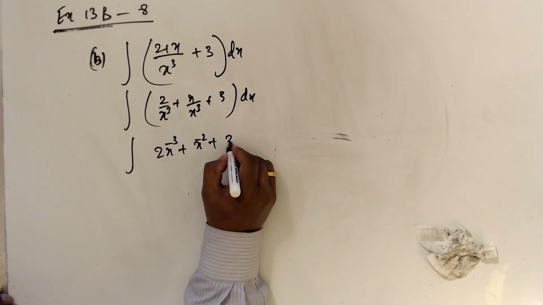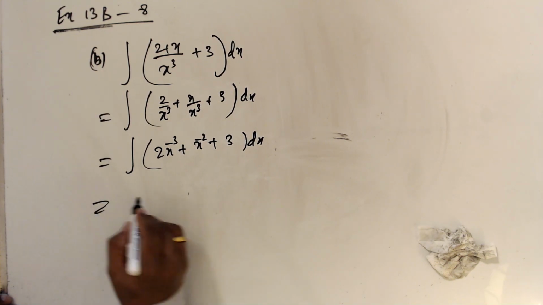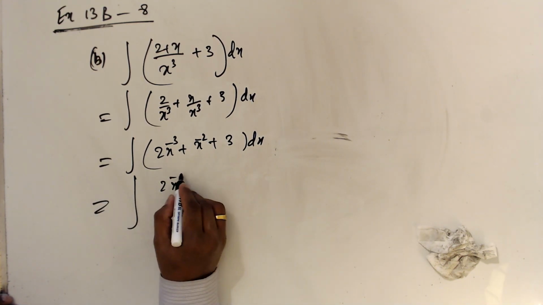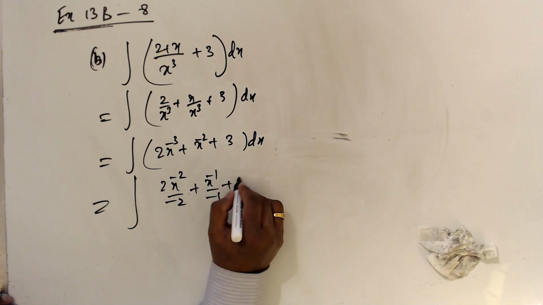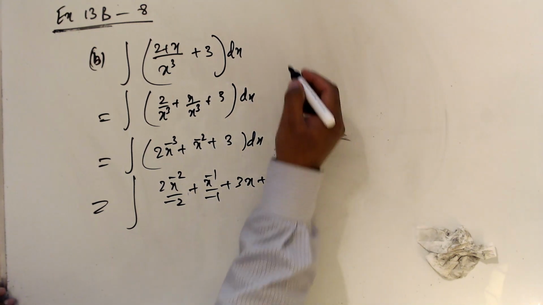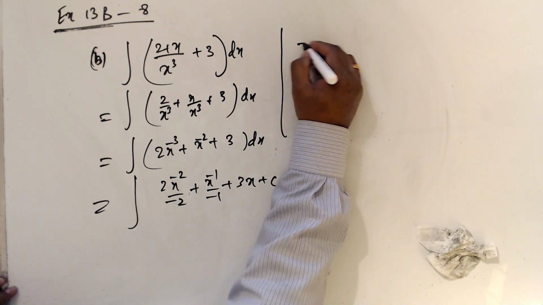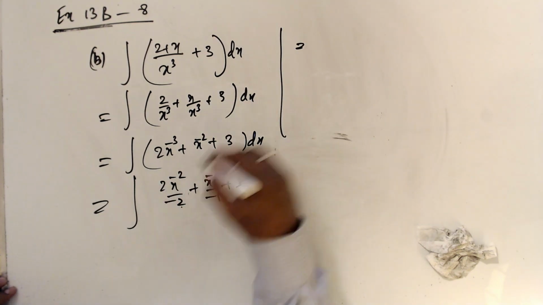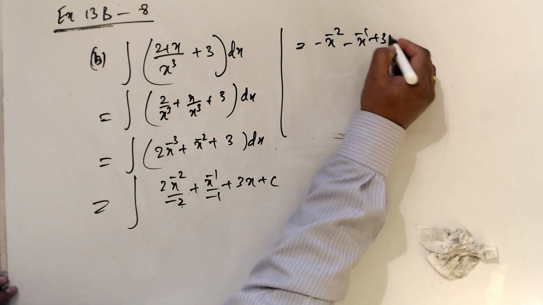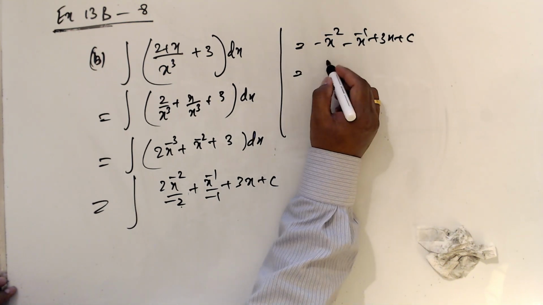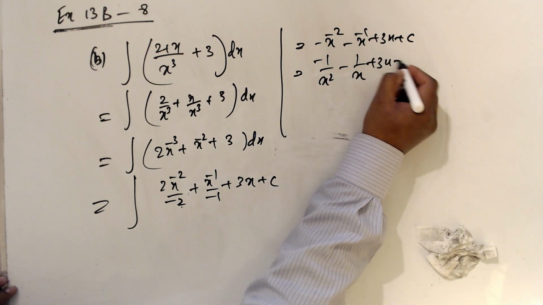So then plus 3 dx. Then this is 2x minus 2 over minus 2 plus x minus 1 over minus 1 plus 3x plus c. So this is going to be equal, 2 and 2 cancel out, minus x minus 2, minus x minus 1, plus 3x plus c. So this is going to be minus 1 over x square minus 1 over x plus 3x plus c.